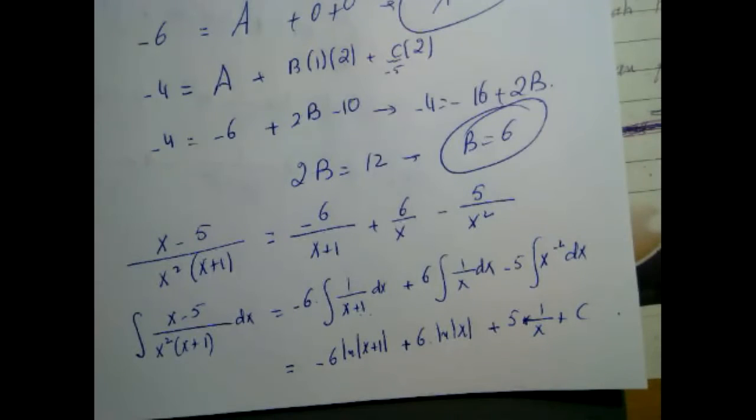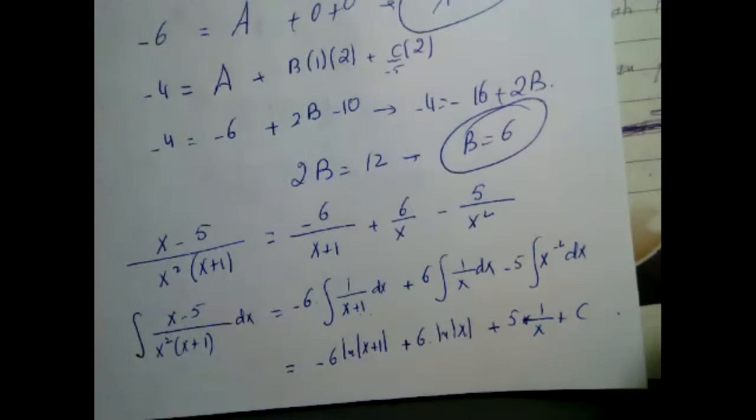I have a question. I'm listening. Will there ever be a case where we can't find all the values of a, b, and c? No way, unless the degree of the numerator is larger. That's where the problem will come up. There will be infinitely many.